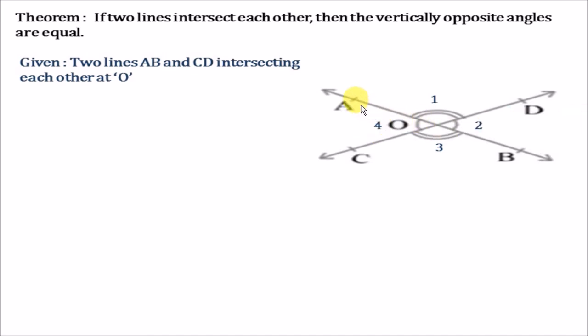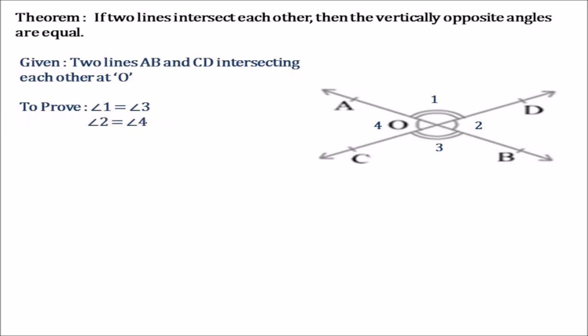We need to prove angle AOD represented by 1 is equals to angle BOC represented by 3, and angle BOD represented by 2 equals to angle AOC represented by 4. That is, angle 1 equals to angle 3 and angle 2 equals to angle 4.